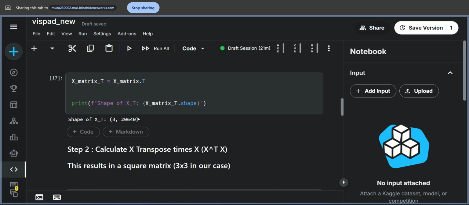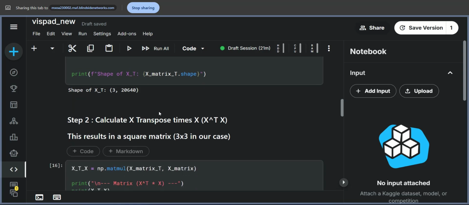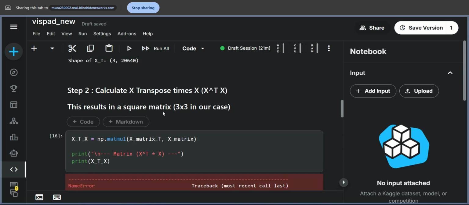So now we will have only 3 rows and 20,640 columns. Here we are going to calculate our x transpose times x. In this place we want a simplified square matrix representation of the whole feature matrix, so that we can find the inverse.